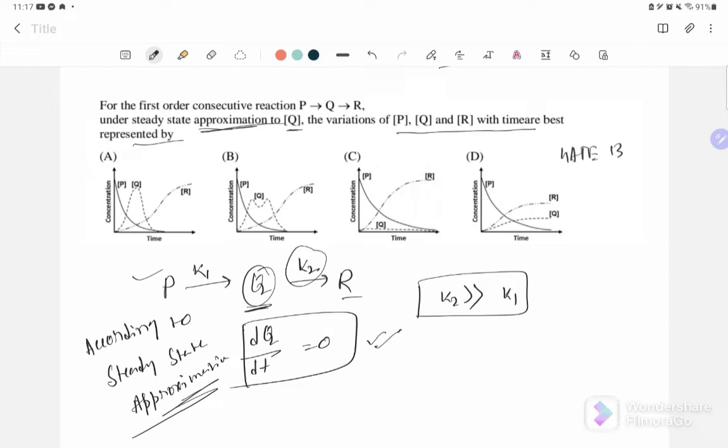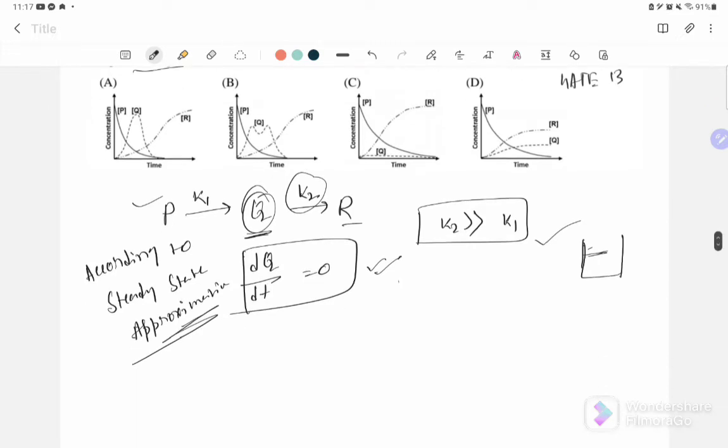So in the reaction box, the concentration of Q will be very low, because k2 is very large compared to k1. It means the decay rate constant is very large for Q compared to the producing rate constant.